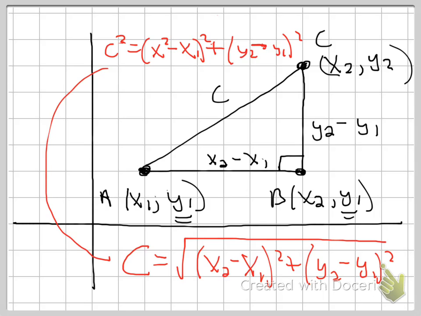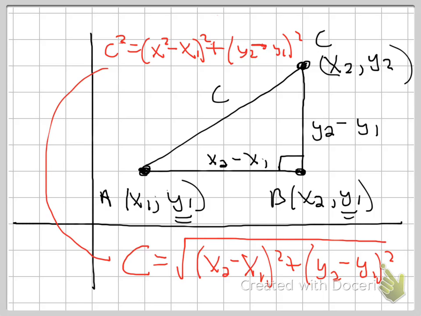And C is the distance from A to the point C. This formula is known as the distance formula. Given any 2 points on a graph, we can find their distance by subtracting their x coordinates and squaring, plus subtracting their y coordinates and squaring, and then taking the square root.